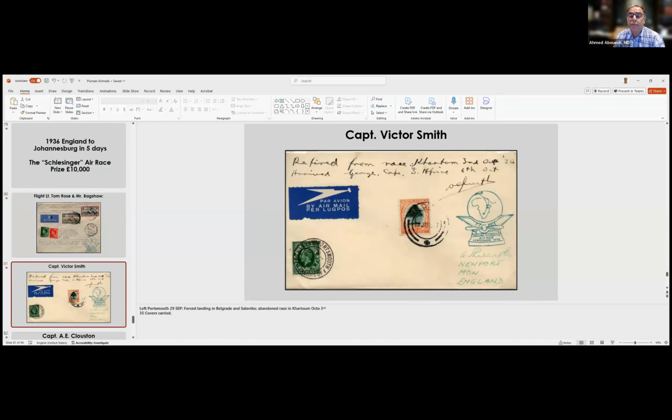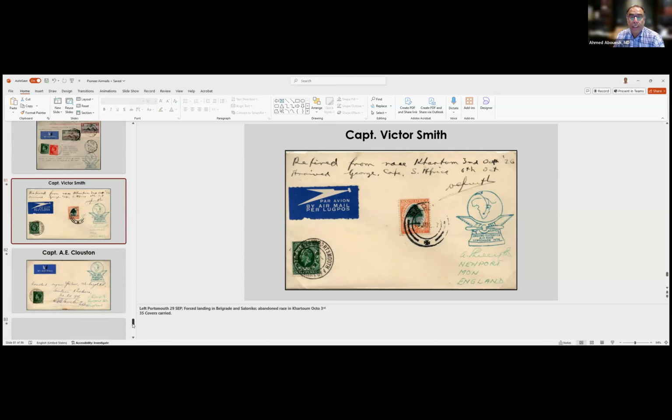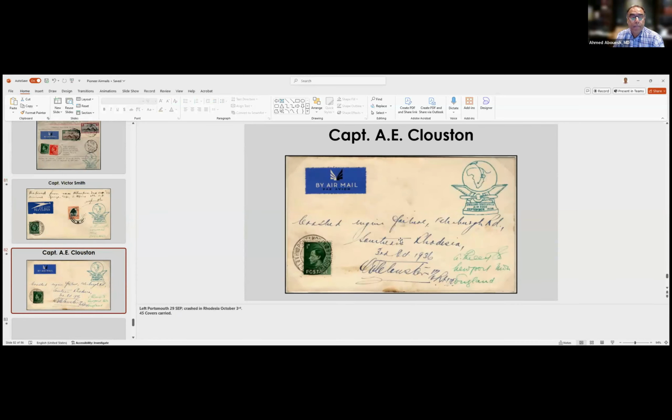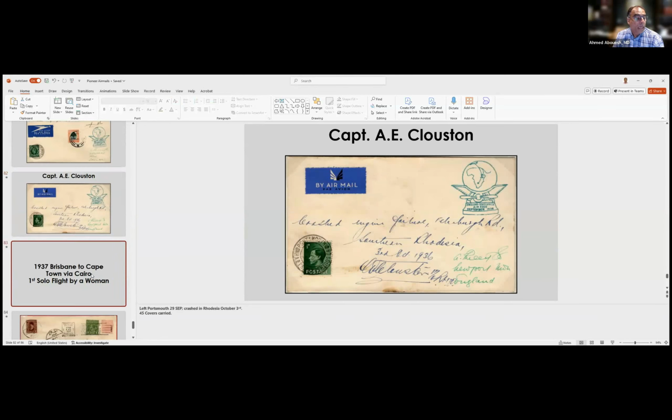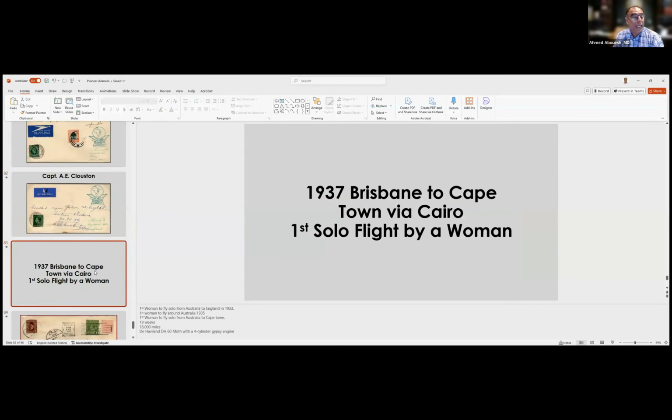Captain Victor Smith retired from the race in Khartoum on the 3rd, so 4 days later, and he carried 35 covers. Captain Clouston carried 45 covers, and he retired from the race in Rhodesia. This was kind of interesting.